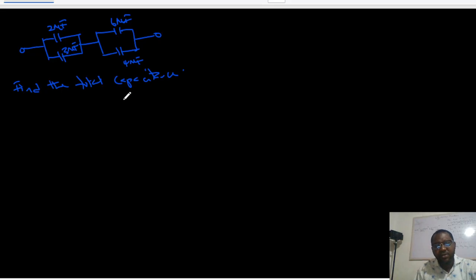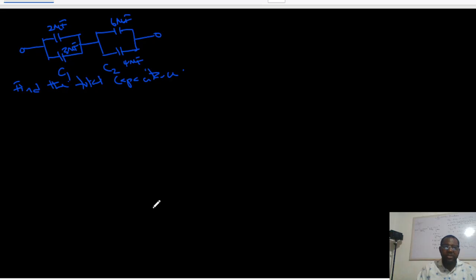Now this is what I do whether I'm dealing with capacitors or resistors. Whenever I see a parallel connection, I take them as one. So I will call this combination C1, and I'll call the other combination C2.